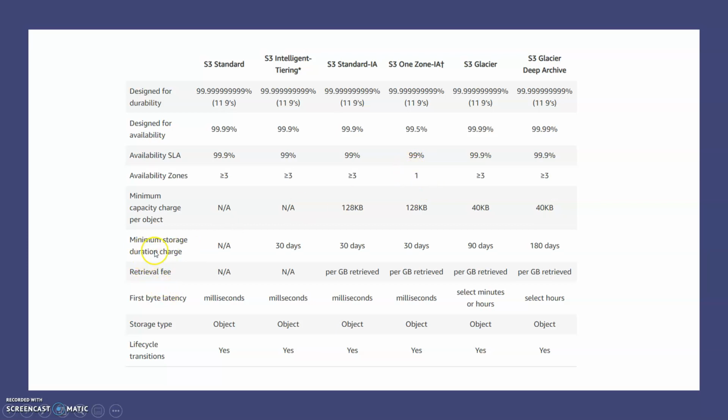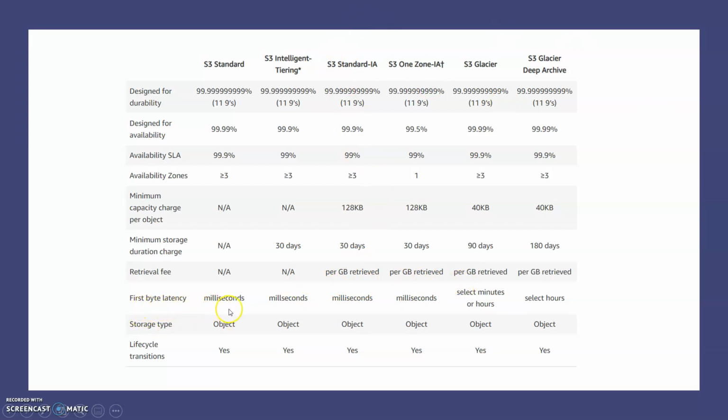Now, if I talk about the minimum storage duration charge, there is nothing for S3 Standard. S3 Intelligent-Tiering is charged for 30 days, then 30 days, 30 days, 90 days, and 180 days. The retrieval fee is nothing in S3 Standard, and even on Intelligent-Tiering the retrieval fee is nothing, but for the remaining four there is a per GB retrieval rate.